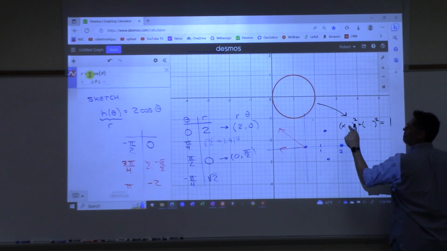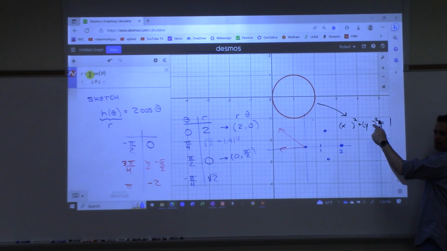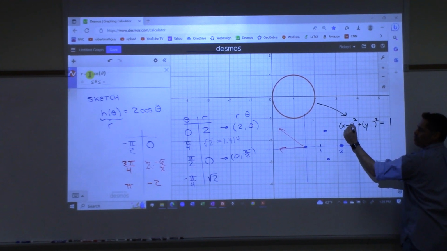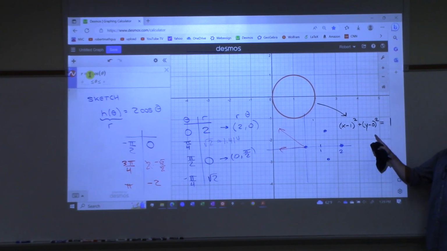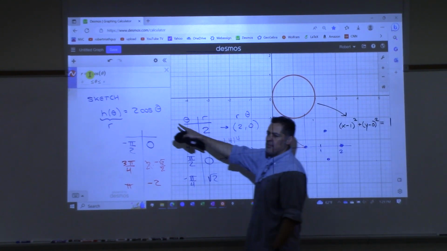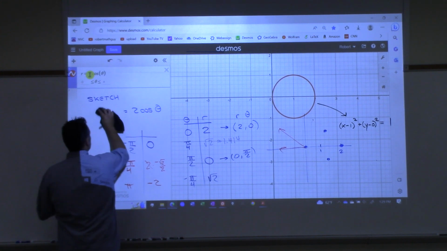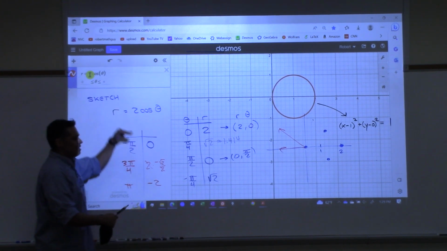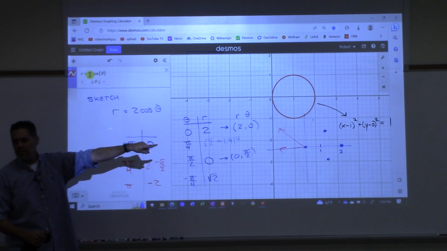It's x minus h, y minus k. This is a generic formula for a circle, where h and k are your center. So what would it be? X minus 1 and then y minus 0, right? That's what we're saying, that that Cartesian equation is equivalent to that polar equation right there, right? If you got rid of the h of theta, you could just call this r. Yeah?